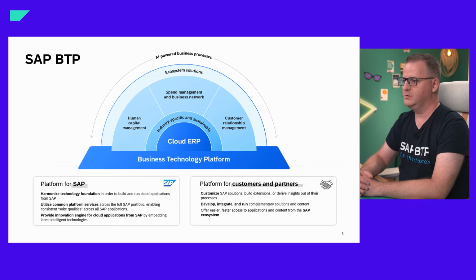SAP also uses BTP to build and deliver cloud applications, in addition also to partners building applications on BTP. So BTP usage and adoption is really growing in our customer base, and it's being used more and more, and therefore also the scale of the BTP usage increases constantly.